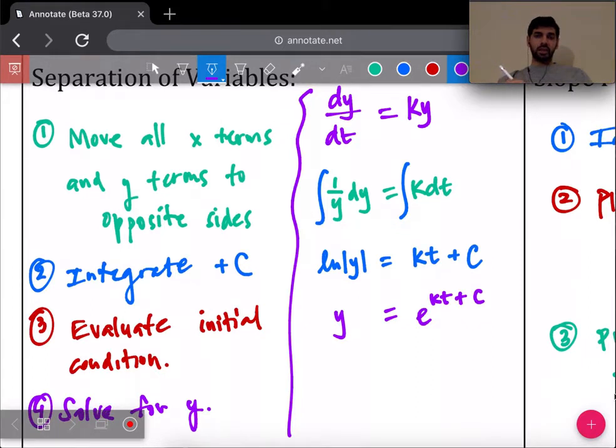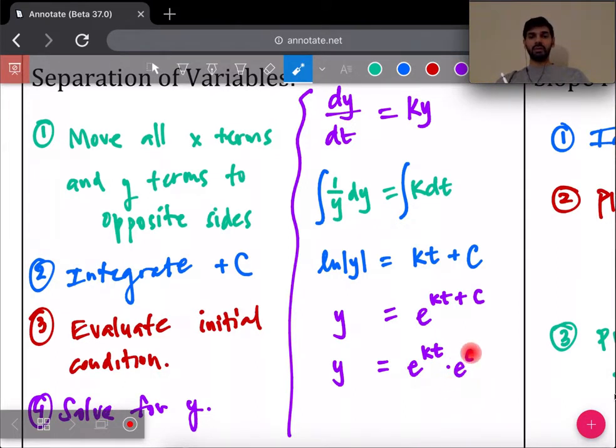I can take it a step further and use my exponential rules to simplify e to the power of kt plus c. If you ever have a sum in your exponent, then you can apply the base to both of the terms that are being added up. So e to the kt multiplied by e to the c. The reason I did that is because e to the c is going to be another constant number, because c was already a number.